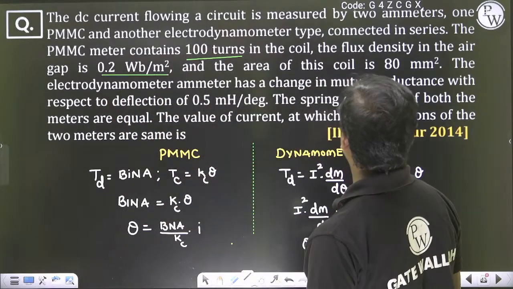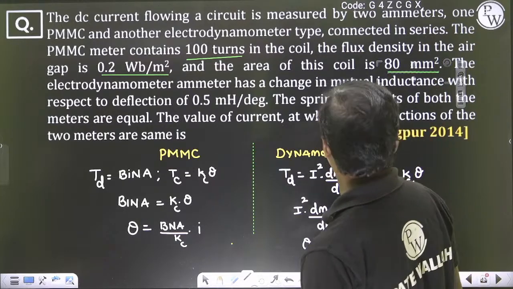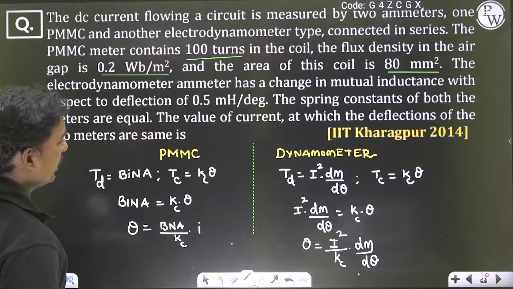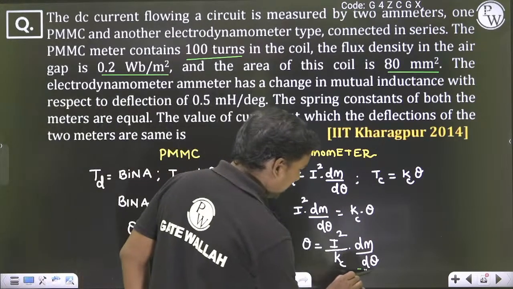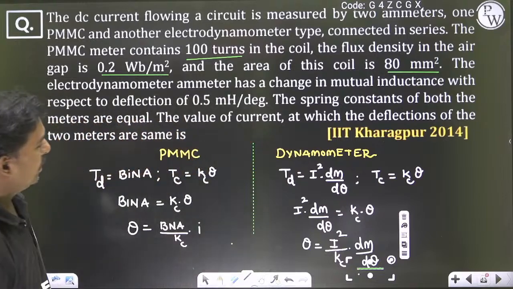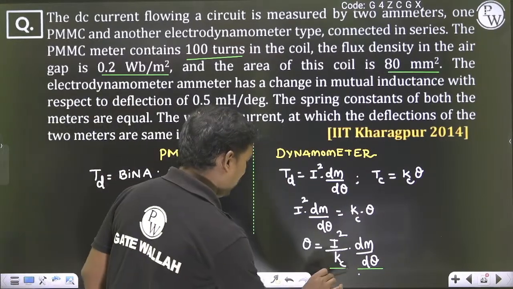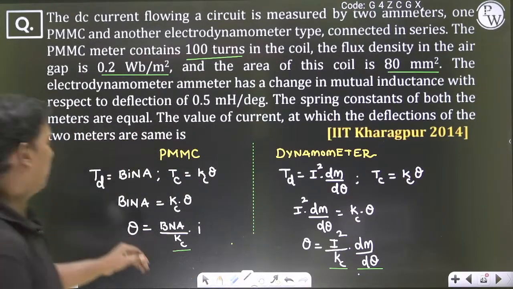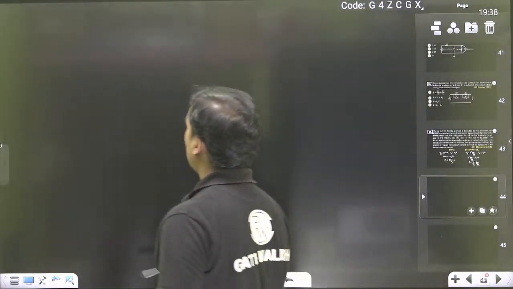And the area of this coil is given as 80 mm square. The electrodynamometer ammeter has a change in mutual inductance with respect to deflection of 0.5 millihenry per degree, so this dM by d theta is given. The spring constants of both the meters are equal, so this and this both are equal. The value of current at which the deflections of the two meters are same. If the deflections are the same, then what happens?